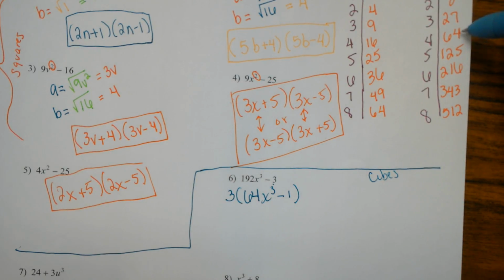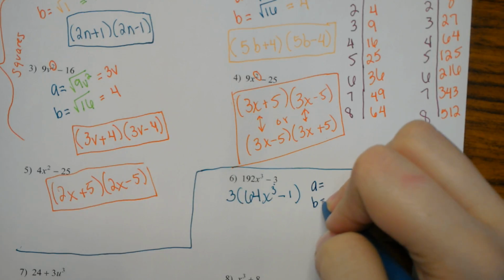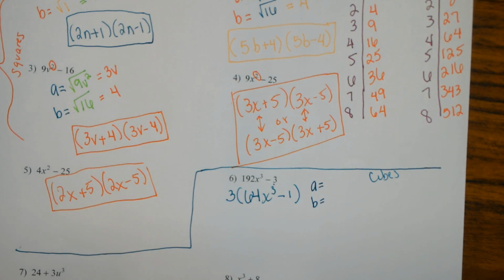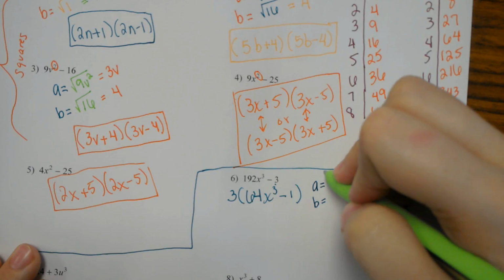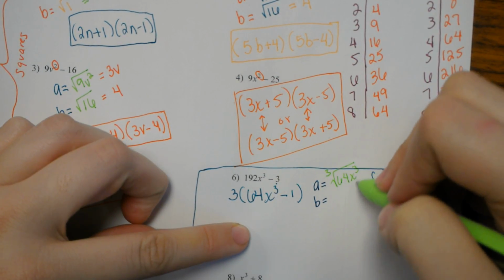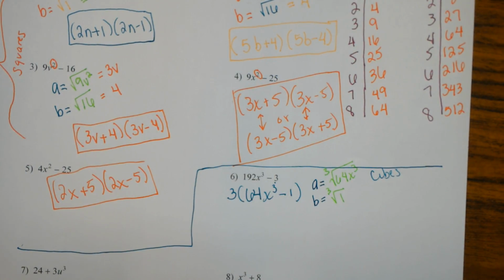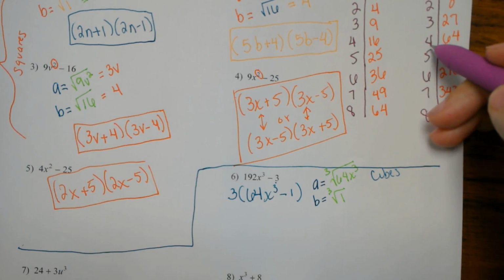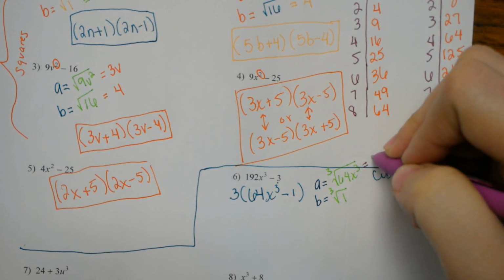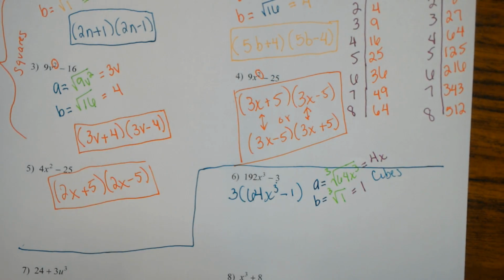And so if you notice back in the table, 64 and 1 are in my cubes list. So I can write what a and b are. A is the cube root of 64x cubed. B is the cube root of 1. I cubed 4 to get 64. So a is 4x. B is just 1.